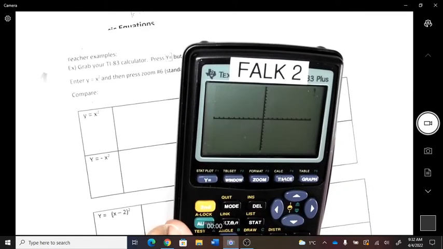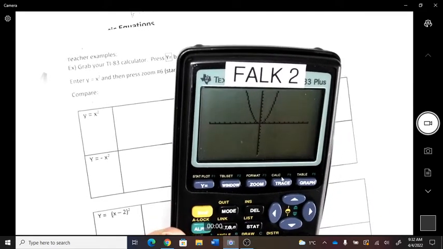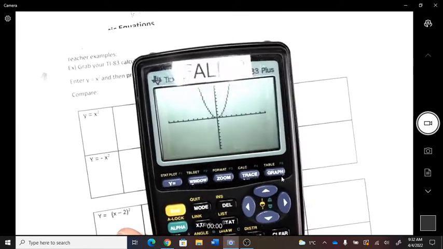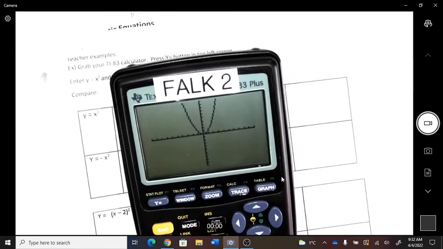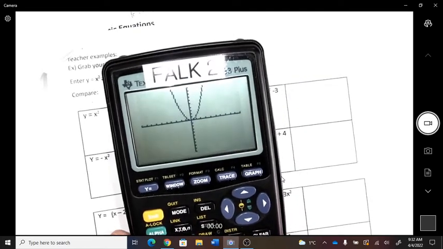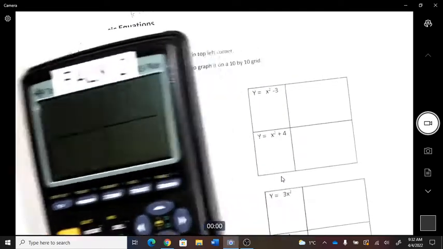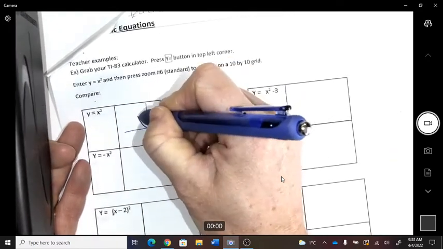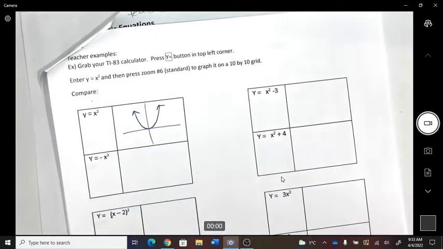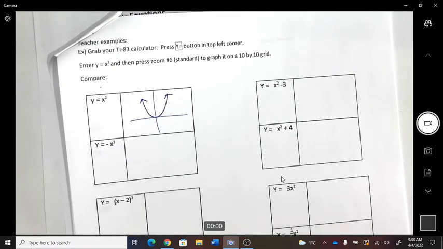Zoom 6. Everyone still looks like that? Okay, I'm just going to draw a little sketch here. That's what y equals x squared looks like, just a really rough sketch.